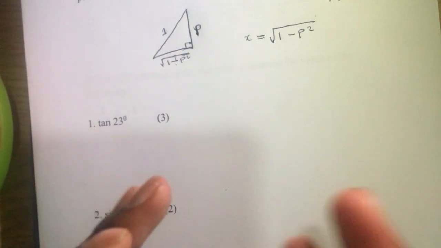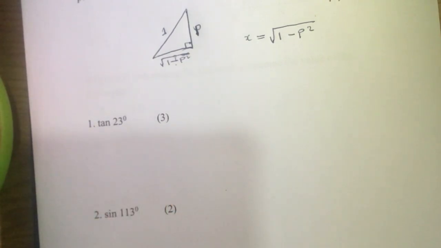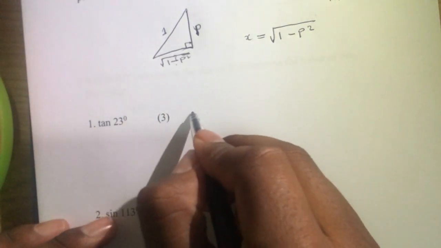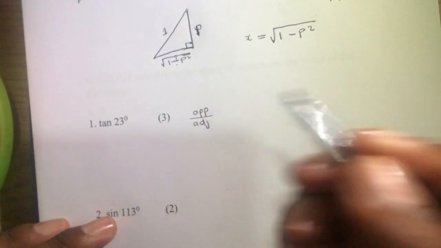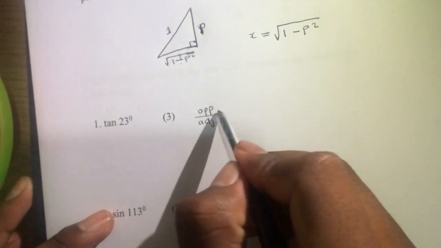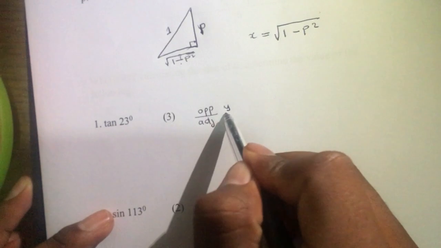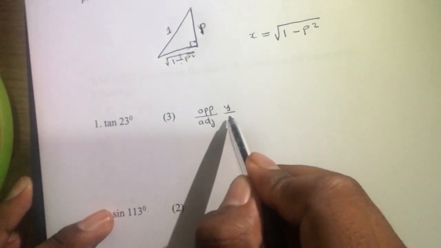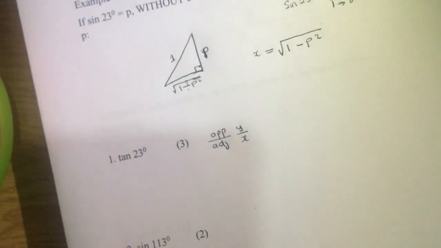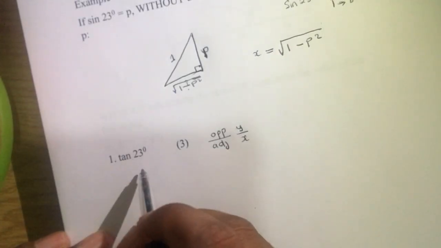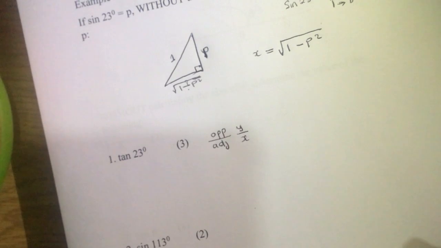We know tan is equal to opposite over adjacent, remember. Always remember that. The opposite side is y, and the adjacent side is x. Then we will substitute. What is our y value?